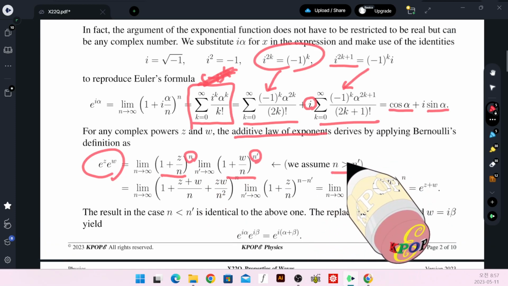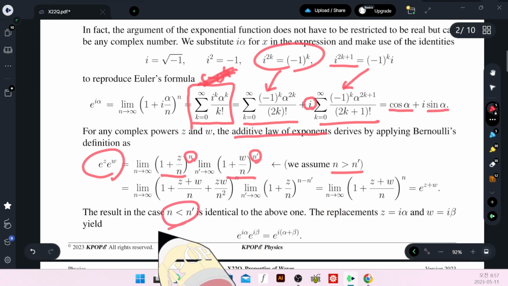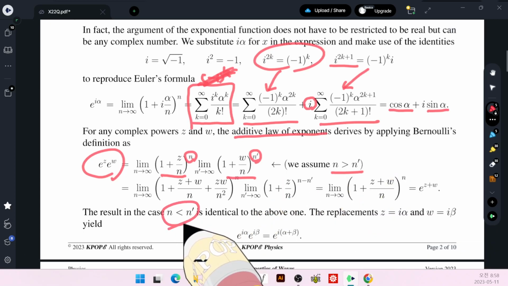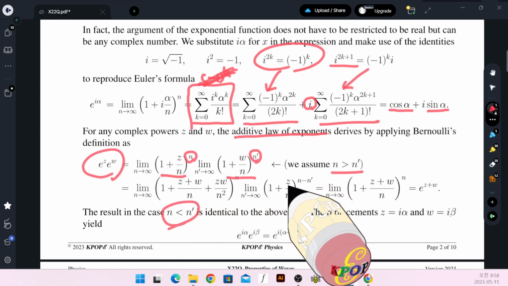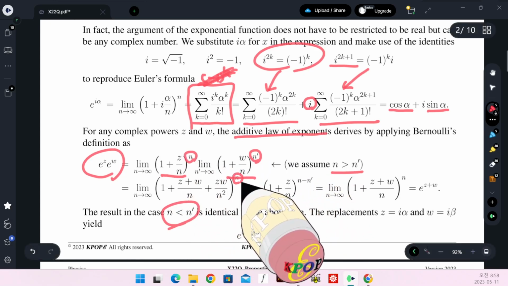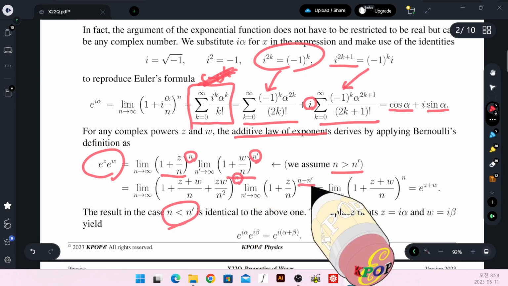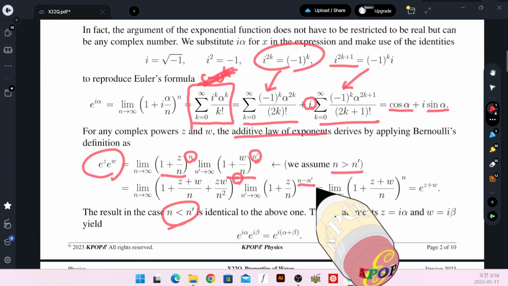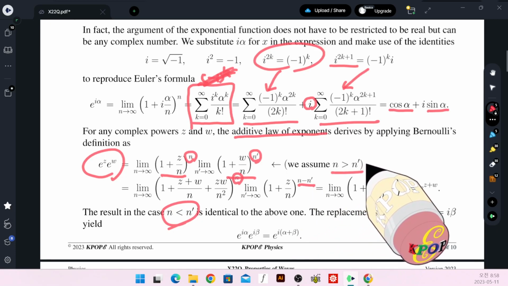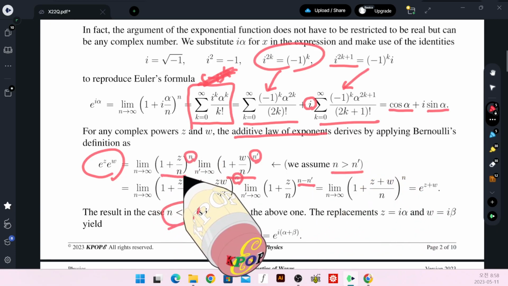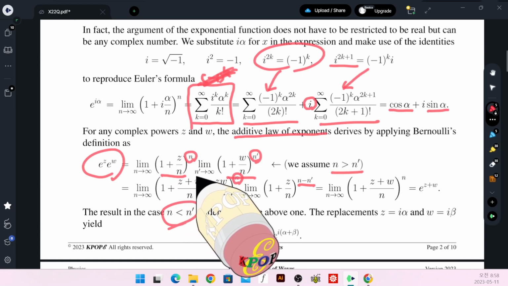Once we obtain this result, it is also working in the opposite case or identical case. We can separate it into two pieces, the same power and the difference. Because n is assumed to be greater than n prime, we have additional factors of 1 plus z over n.